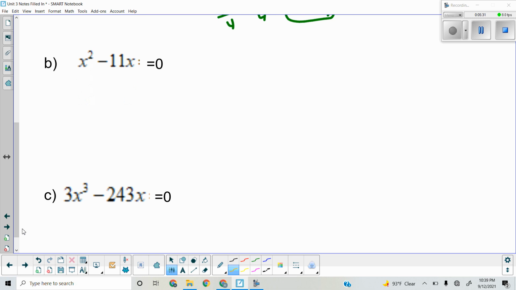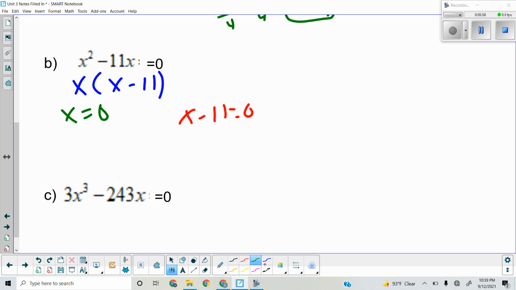For B, when we factored this, we had x and x minus 11. So now we set those both equal to 0. So x equals 0 and x minus 11 equals 0.